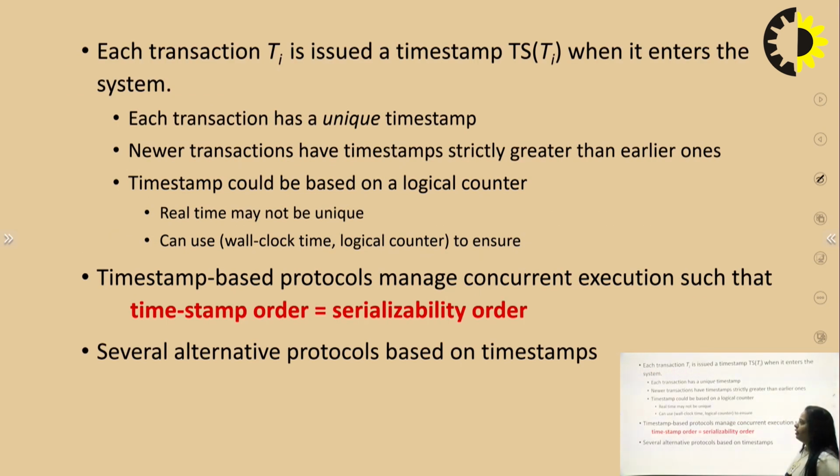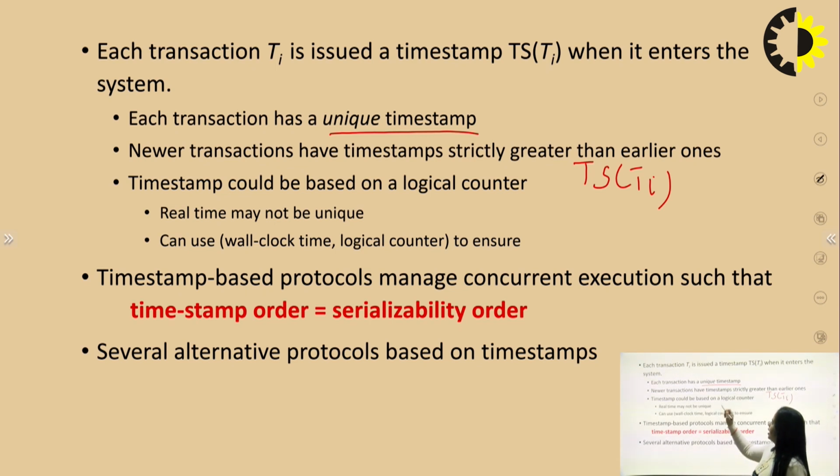Next, each transaction Ti is issued a timestamp TS(Ti) when it enters into the system. Whenever a transaction enters the system, we set a timestamp for it, denoted by the timestamp of transaction Ti. Each transaction has a unique timestamp because we need to resolve conflicts depending upon their timestamps.